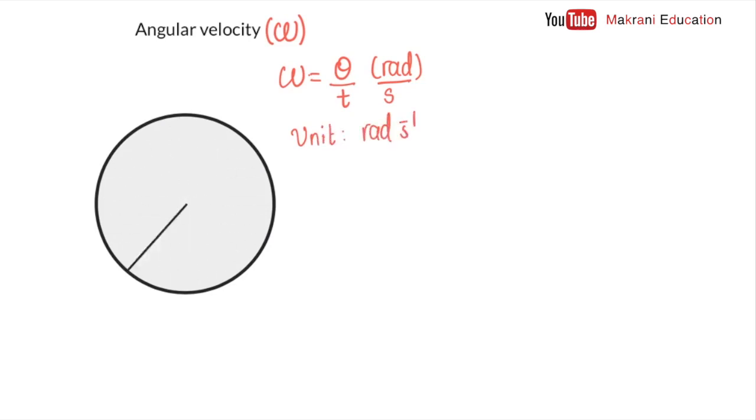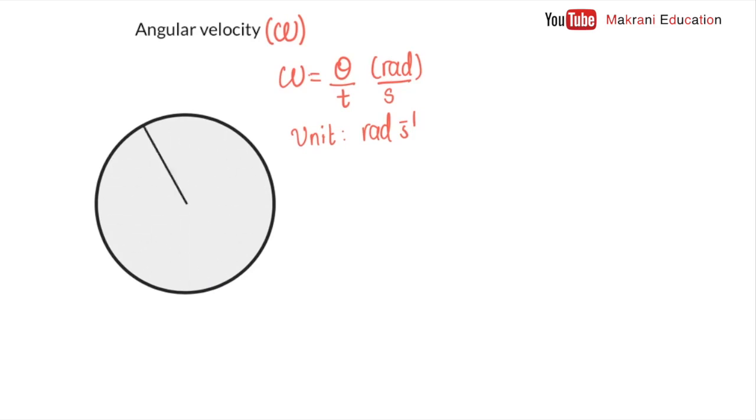Angular displacement is measured in radian always and not degree, and time is always measured in second. So radian per second is the unit of angular velocity. You can compare this with linear velocity, that is distance covered or displacement per unit time, and velocity has a unit of meter per second. Angular velocity is a rotational concept, hence the displacement here is angular displacement.